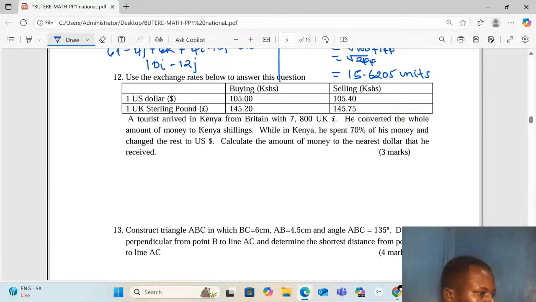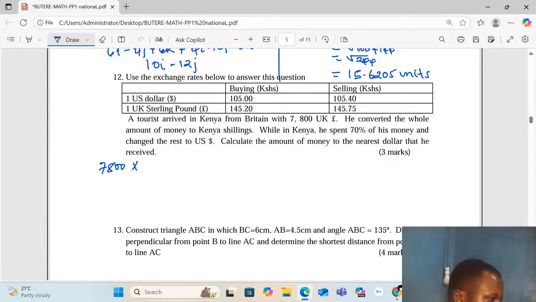Now, first of all, we convert all 7,800 sterling pounds to Kenyan shillings. Therefore, we are going to multiply by 145 shillings and 20 cents, that is in the buying column.